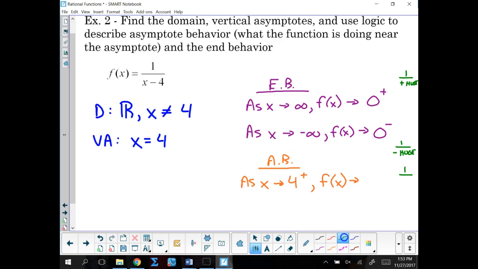So that's going to be a positive small number. So that's going to go to positive infinity.